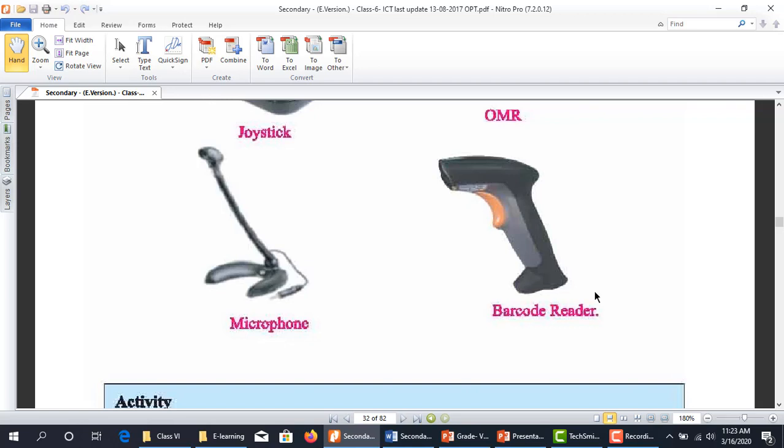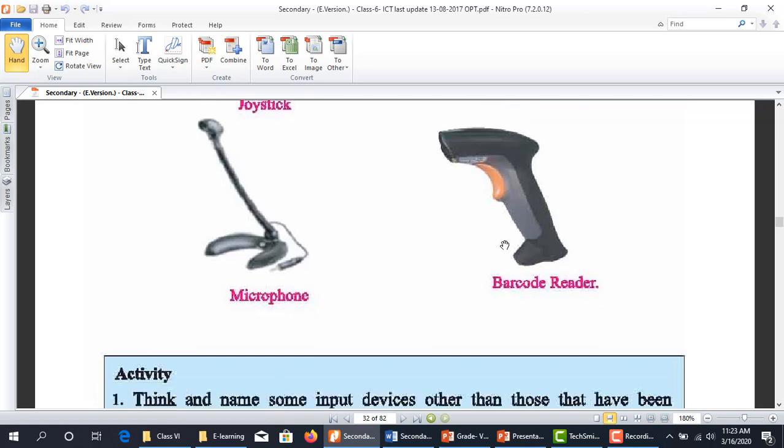You know about the barcode and QR code. The scanner will check your barcode, it will check the product, what you actually have to pay, what the price of this product is, and what the information of this product is. So the scanner is an input device.